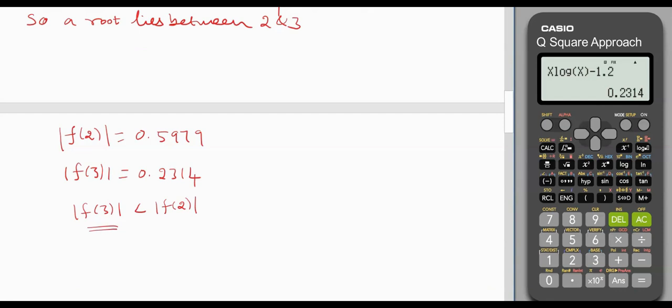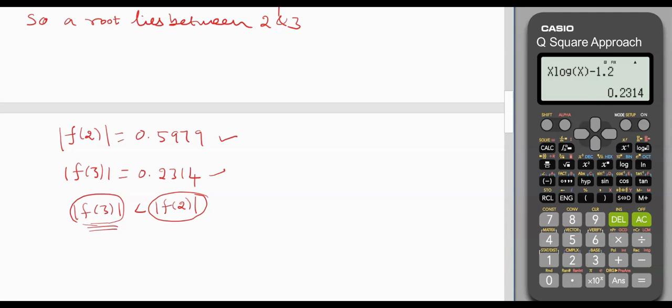This represents that the value of this f of 3 is nearer to 0 when we compare with the value of modulus of f of 2, that is 0.2314 is nearer to 0 than this value, that is 0.5979.